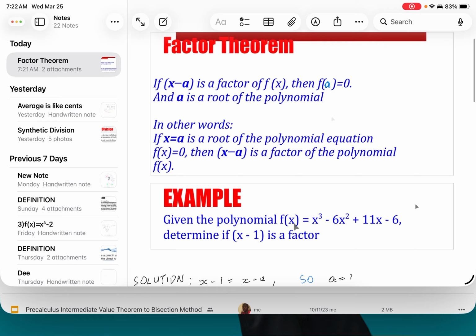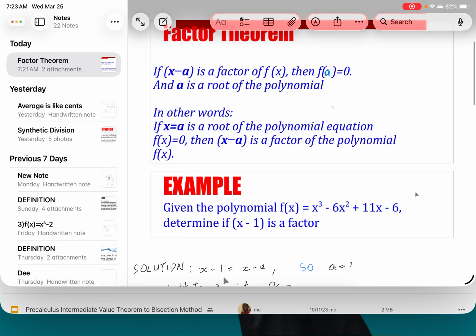Given the polynomial f of x is equal to x cubed minus 6x squared plus 11x minus 6, determine if x minus 1 is a factor. The solution here: x minus 1 is equated to x minus a, and so by matching, a will be equal to 1. Conversely, you can use algebra to work this out and still get a equals 1.